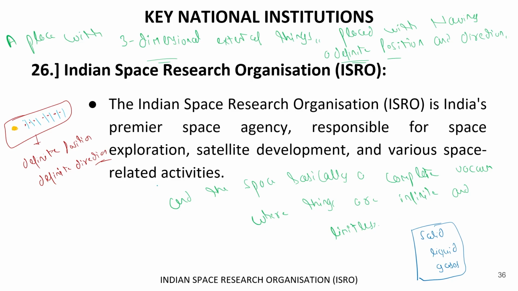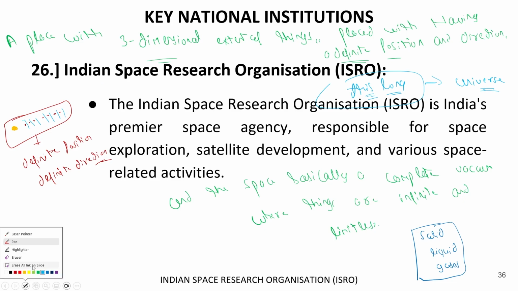It means we are not able to say space is this long. We do not know how long it extends and what the boundary of the universe is. So this is the basic definition of space.